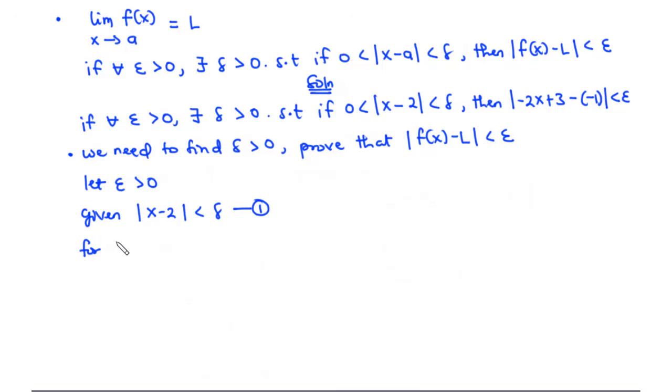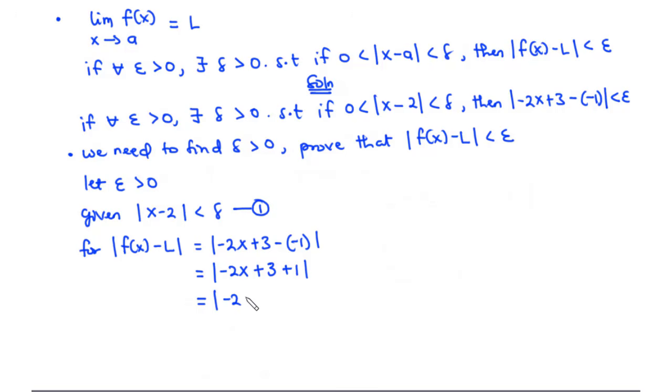So we are going to consider this part of the inequality. So we say that the absolute value of f of x minus L is equal to the absolute value of -2x plus 3, mind you, that is f of x, and then minus -1. Now let's try to simplify this. So this becomes the absolute value of -2x plus 3, negative becomes positive, so plus 1, and then this becomes the absolute value of -2x plus 4.